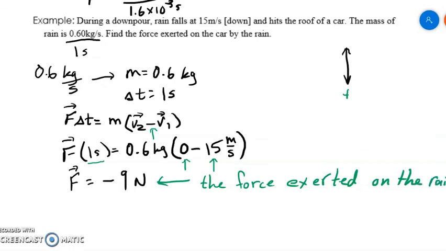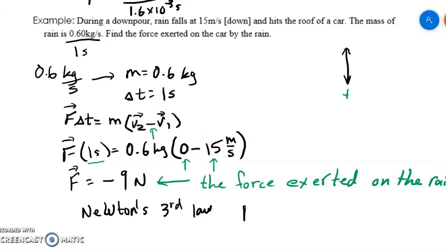But the question is asking us how much force was exerted on the car by the rain. But we know that by Newton's third law, for every action force, there's an equal and opposite reaction force. We know that whatever force is exerted on the rain is also being exerted on the car, just in the opposite direction.